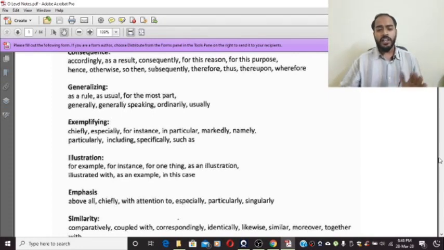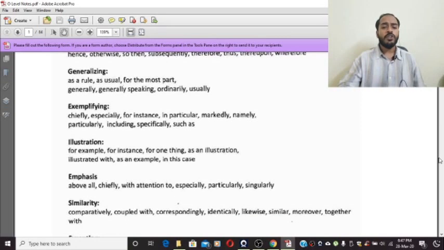So what you're doing is that you're segregating in a particular paragraph. You have written 5 sentences, or you have explained a particular situation in 5 sentences, but you want to make sure that your boss, or the examiner, looks into the statement that you have written afterwards. So you would use the words above all, or chiefly, or with attention to, or especially, particularly, singularly.